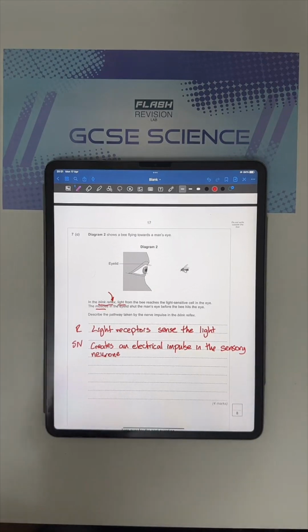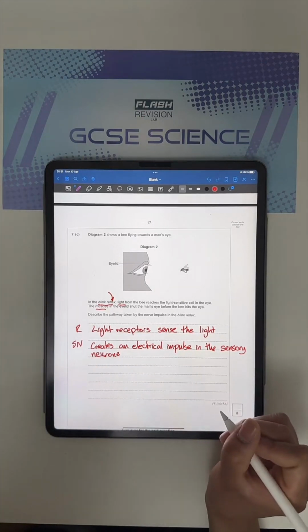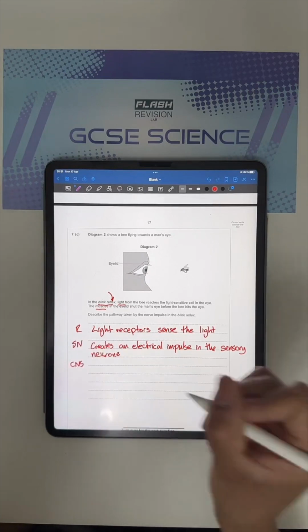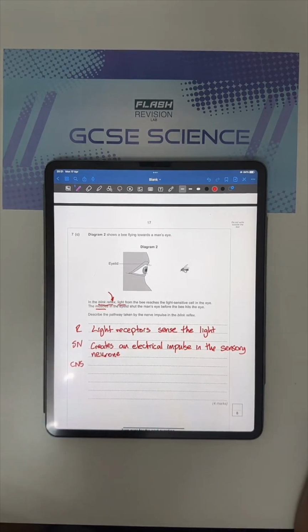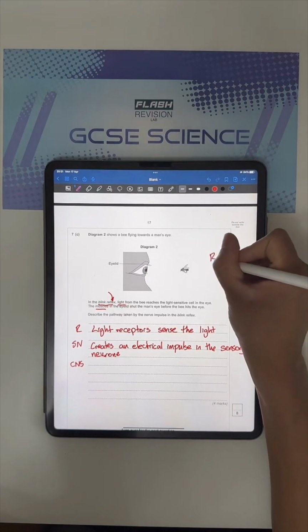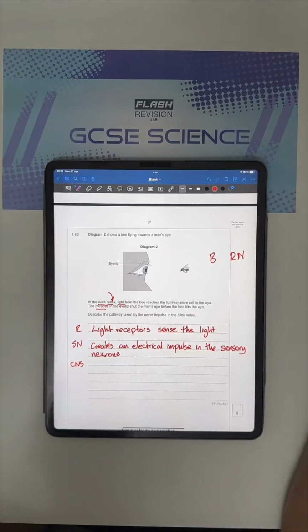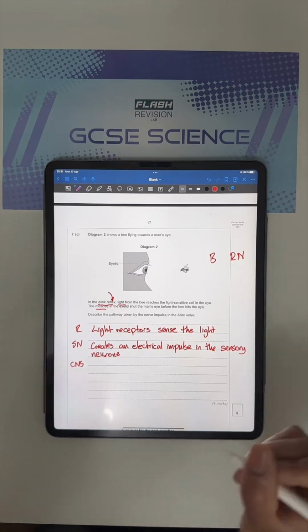Then from there, the message needs to go through to the CNS. So what part of the CNS are we talking about? Are we talking about the brain, or are we talking about the relay neuron here? Because this is a reflex response. What do you guys think? The brain or the relay neuron? In a reflex reaction. Relay, exactly.